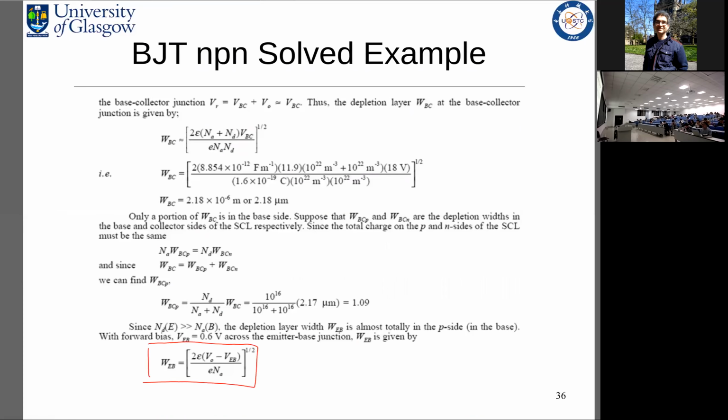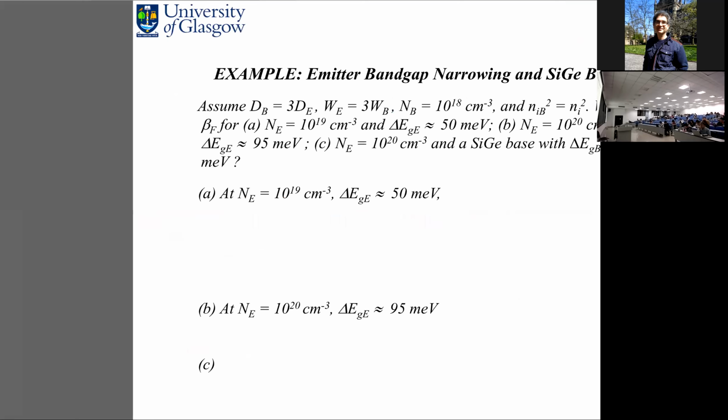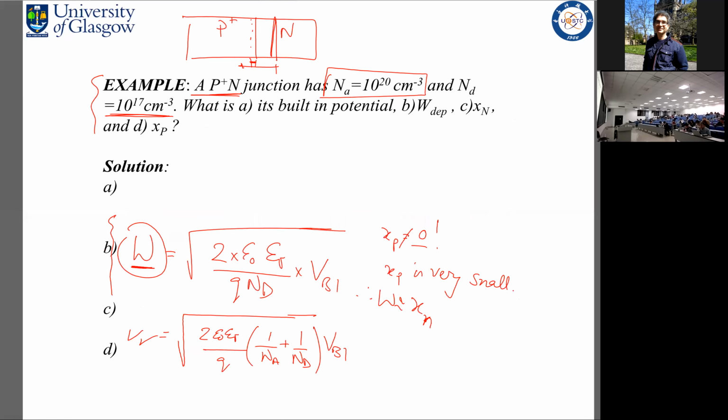As a result, when we are calculating the width of the depletion region between the emitter and the base, we have used Na. This is opposite to the previous example, where Na was much larger than Nd, and as a result, we had to use Nd.